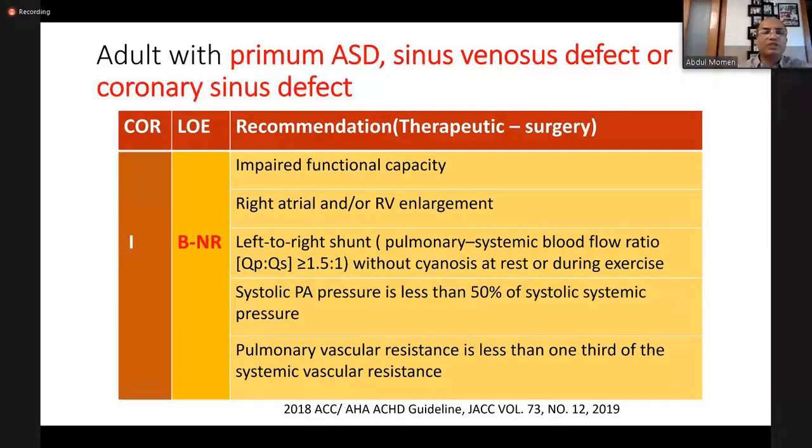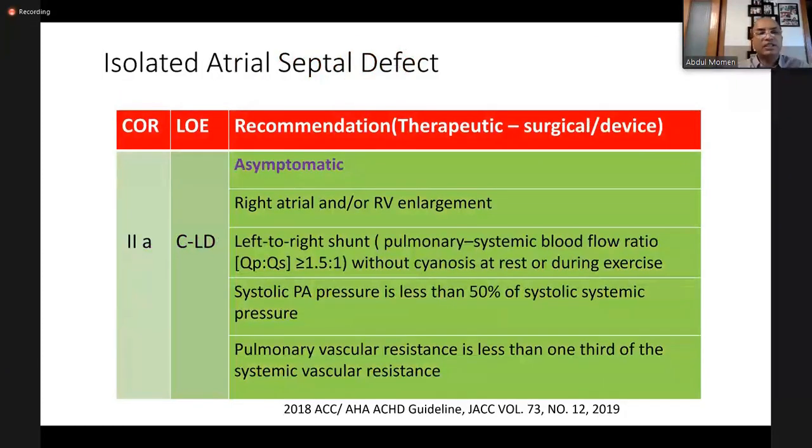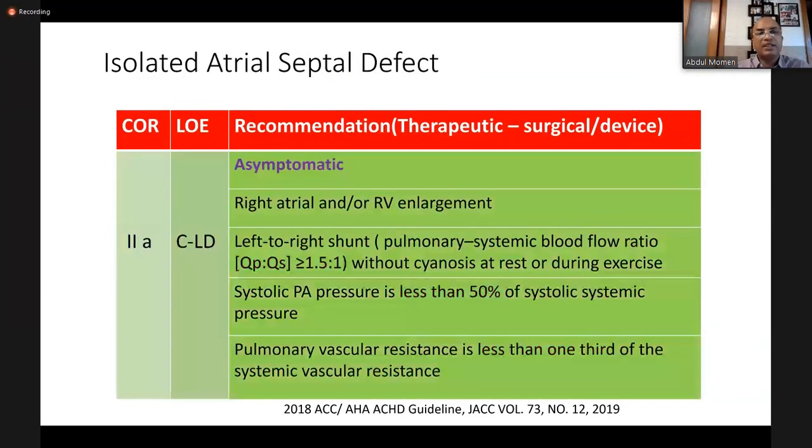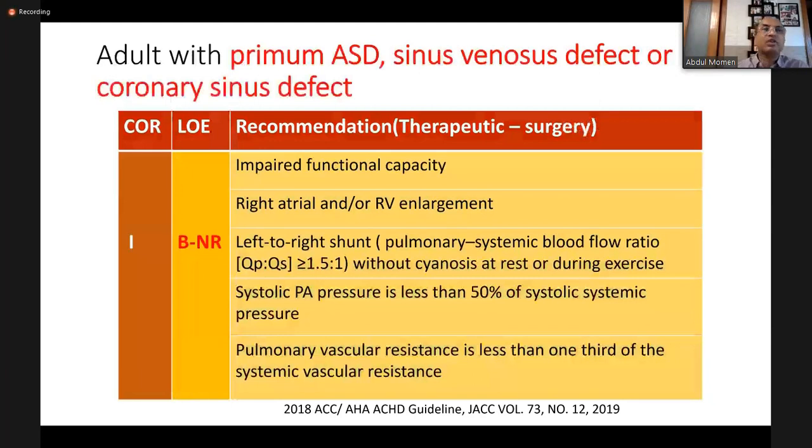If all of these are positive, surgery is the must-recommended therapy. For isolated secondary ASD, it is surgery or device. But in case of ASD primum, sinus venosus defect, or coronary sinus defect, if all are present, it is class 1 for surgery.